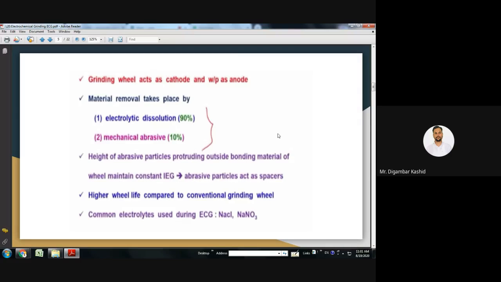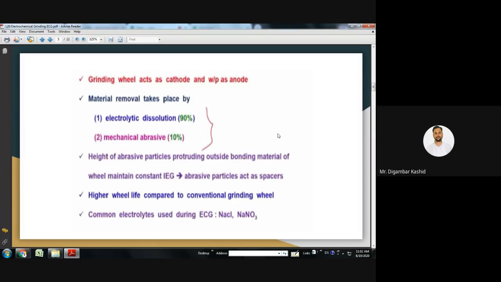So 90% by electrochemical dissolution and 10% by mechanical abrasion. Higher material removal rate is achieved in electrochemical grinding operation. So it is very important.